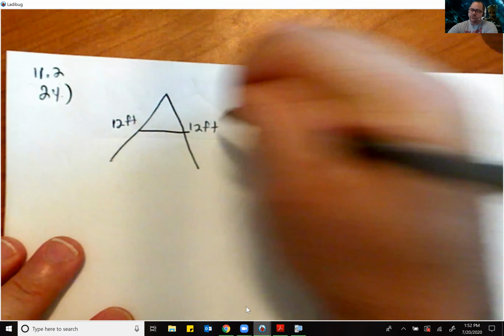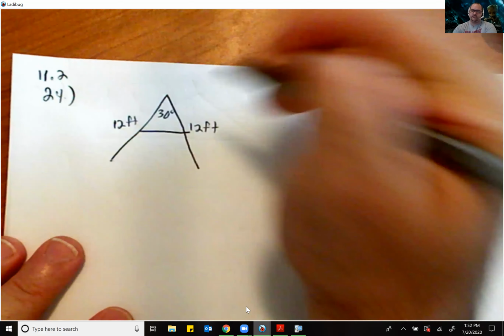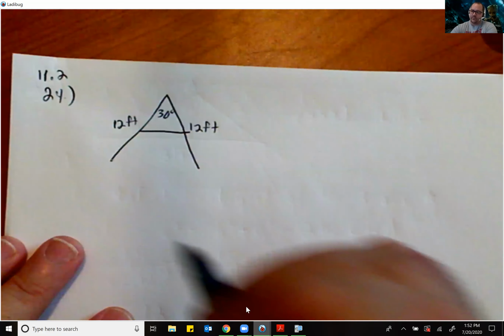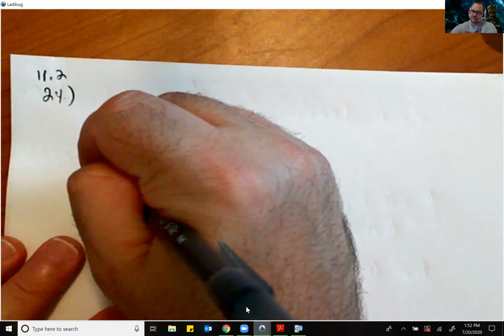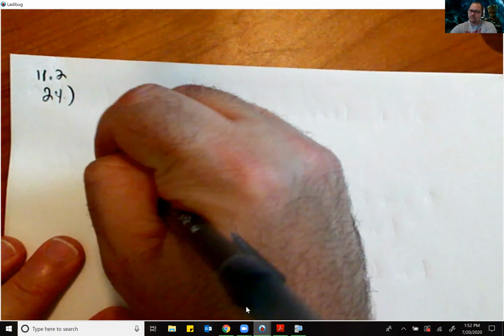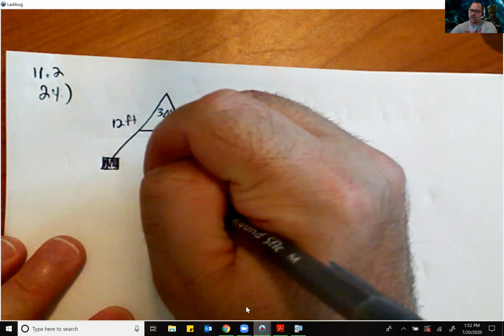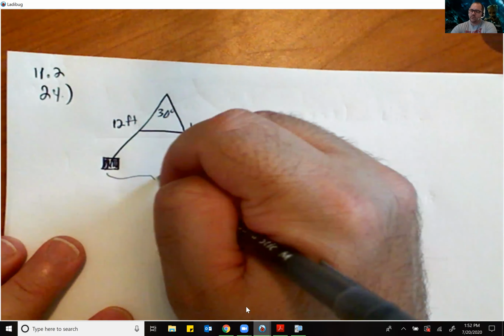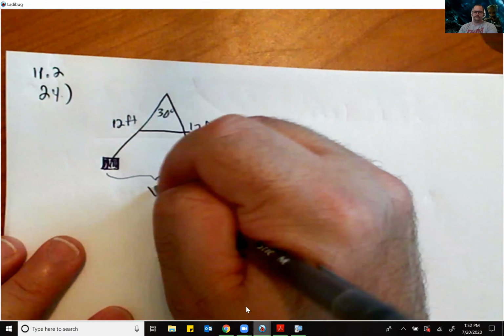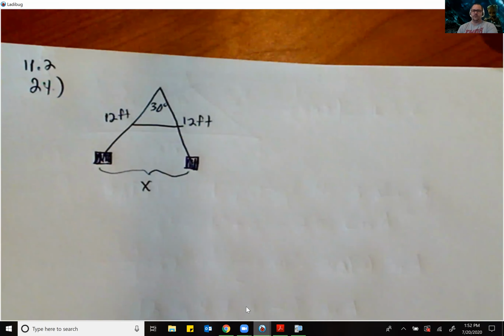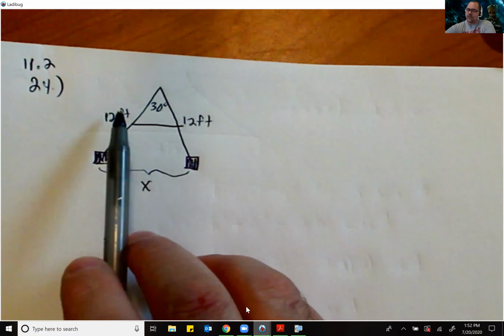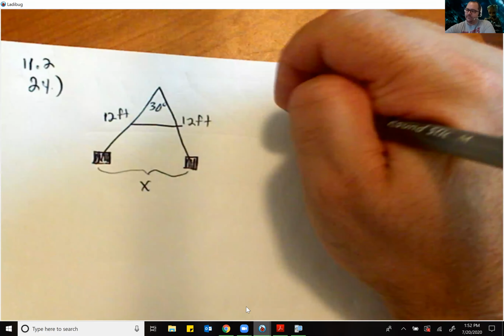We know they are joined at a 30-degree angle. Down here is where he wants to put his concrete blocks. He wants to know how far apart are they. Okay? So what do we have here? We have side, angle, side.